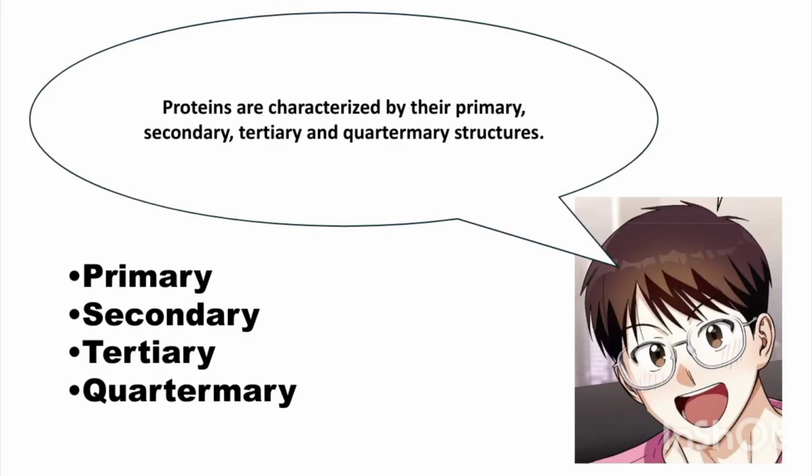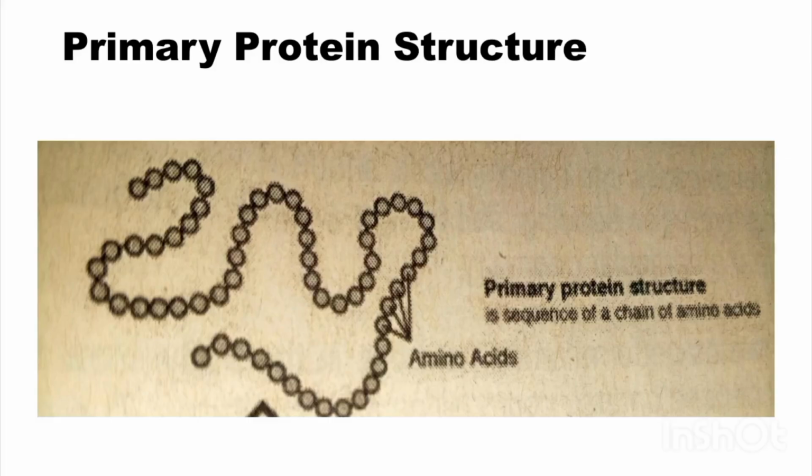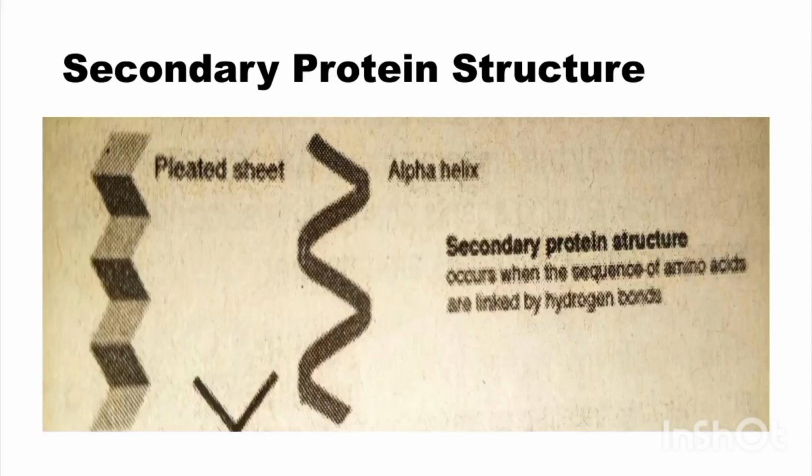Proteins are characterized by their primary, secondary, tertiary, and quaternary structures. Primary protein structure is the sequence of a chain of amino acids. You can see in the picture that the circles are the amino acids.